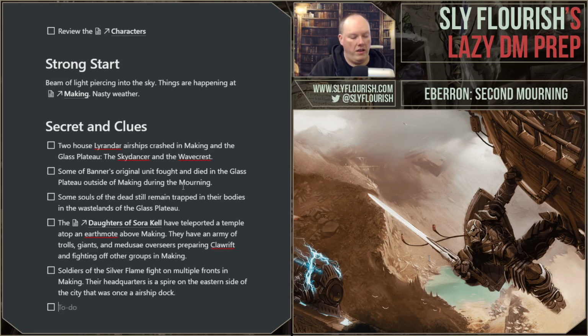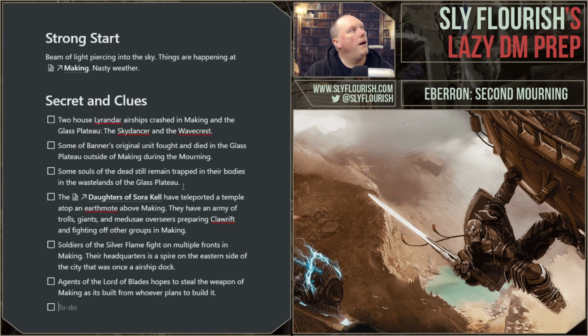What other secrets? Agents of the Lord of Blades hope to steal the weapon of Making as it's built from whoever plans to build it. What else do we have?